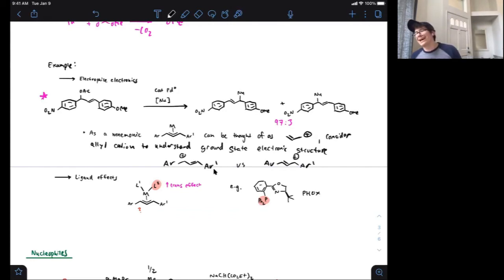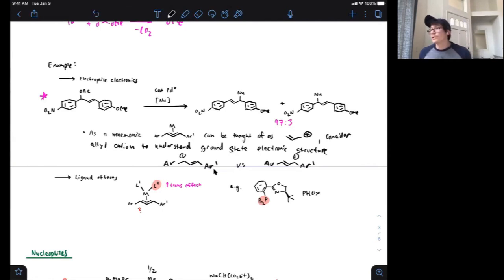And the aryl group, or the resonance form where the cation is adjacent to the electron-rich, resonance electron-donating group, you expect to be more stable, and thus the predominant form in solution, if you want to think of it that way.